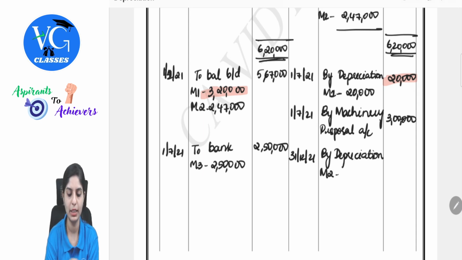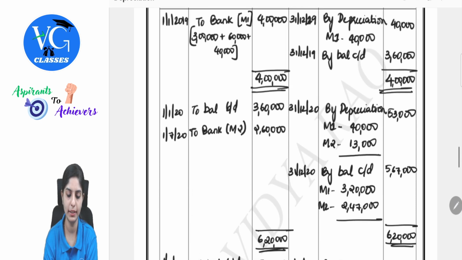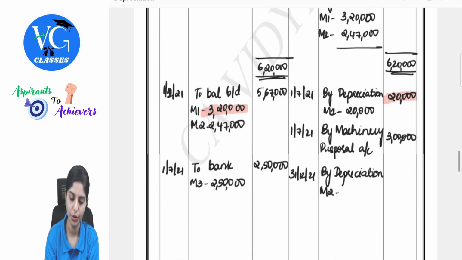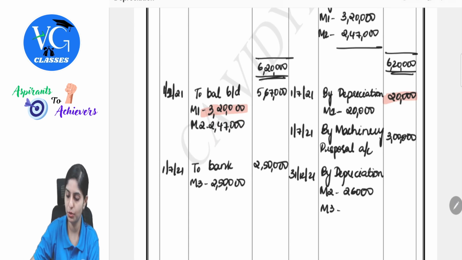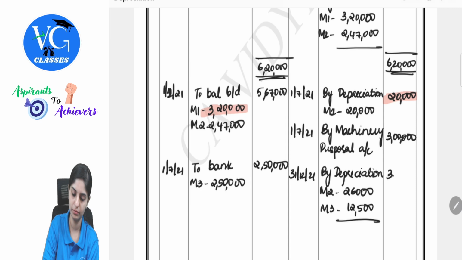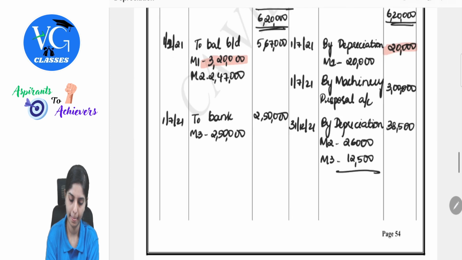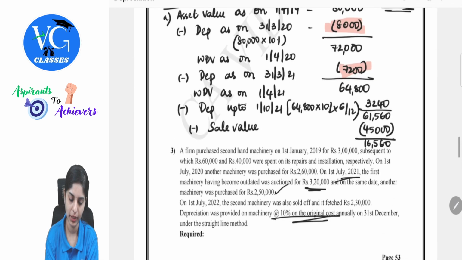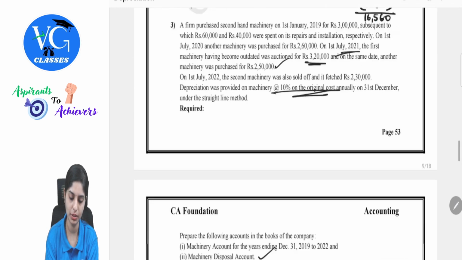Machinery 2, 2 lakh 60,000 on that 10% that was used for the whole year, so 26,000. On machinery 3, 2 lakh 50,000 into 10% into 6 by 12, 12,500. So let's close in 2021. That much was the transaction available.